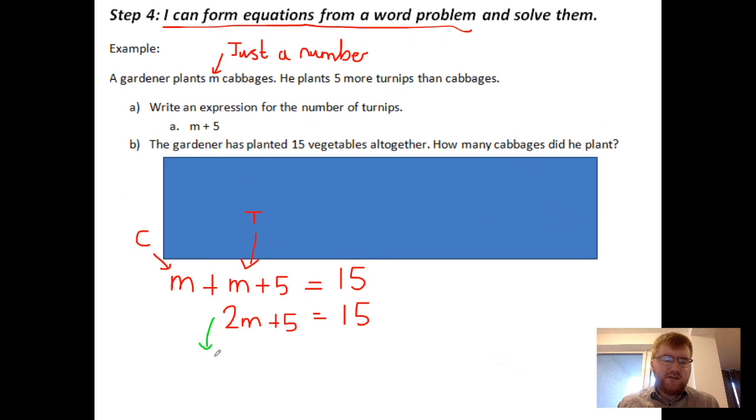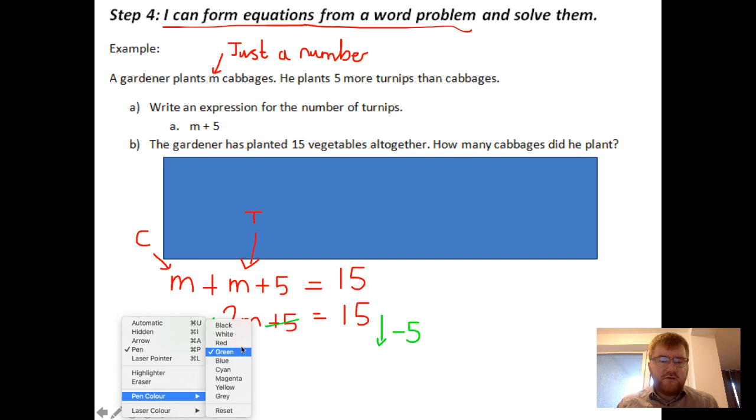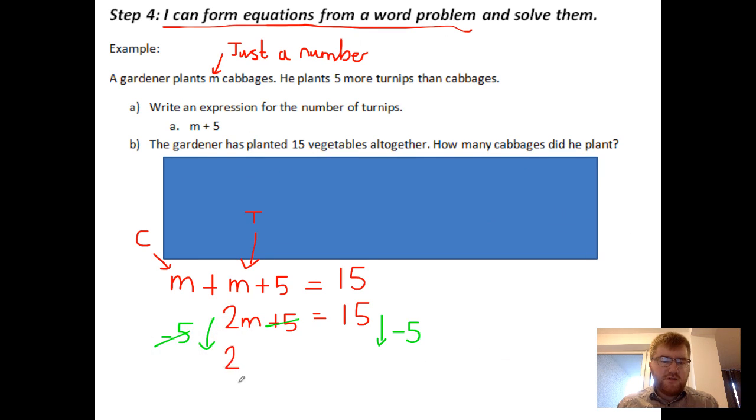So we've got plus 5. What's the opposite of plus 5? That's going to be minus 5, but we do that to both sides of the equation. So this cancels with this. I'll try and go through this fairly speedily. So 2M, and then we've got 15 minus 5 is equal to 10.